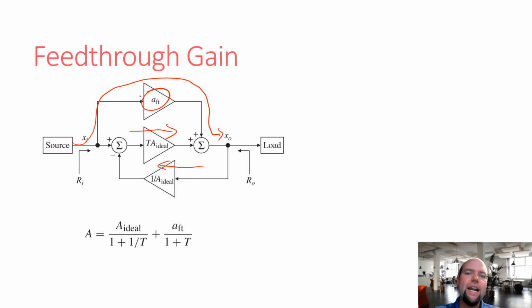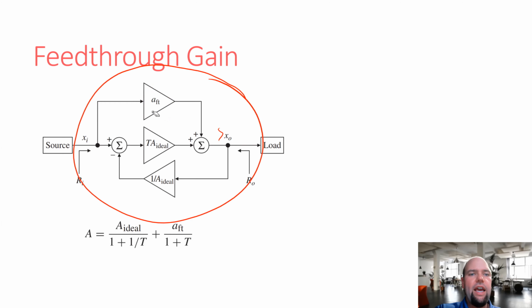So we're now going to take a different way of looking at op-amps, called return ratio analysis. It's basically a more thorough way of modeling an amplifier system, which allows us to take into account this feed-through gain. So instead of having just a model that looks like this, we are now developing a model that looks like this. As a result, we no longer refer to the loop gain. We use the letter T to refer to the return ratio, as it's called.